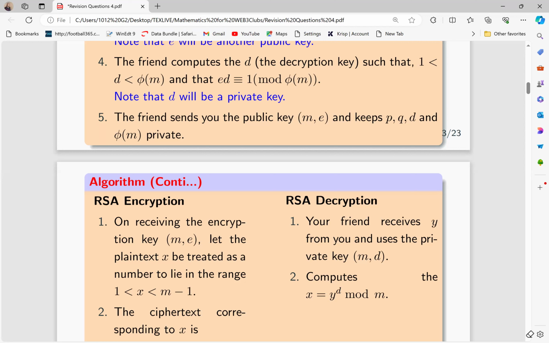Anybody attempting to factor it would take ages, even with the fastest computer, to factor that number back to P and Q. So P and Q should be chosen large enough, so that it's impossible for anybody to factor M back to P and Q, because M is public.